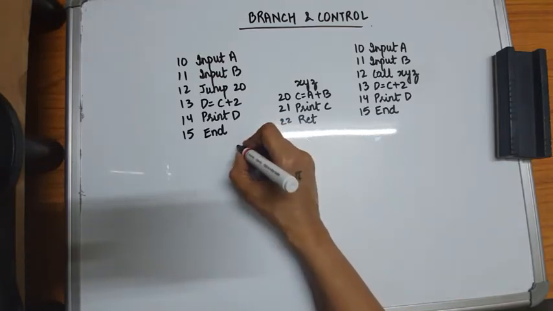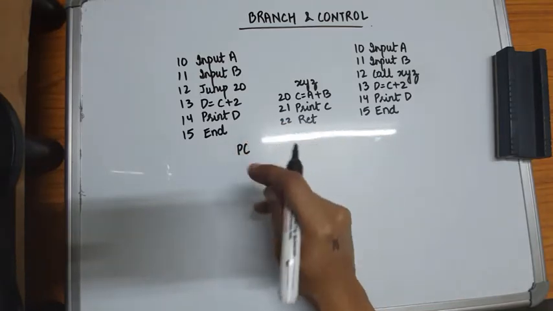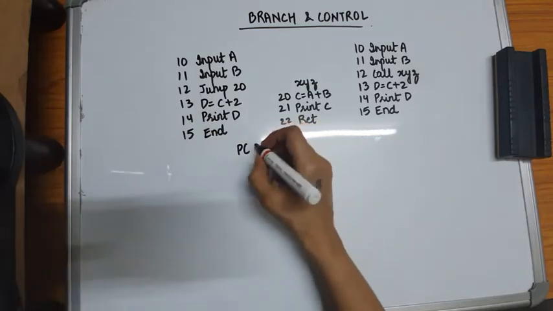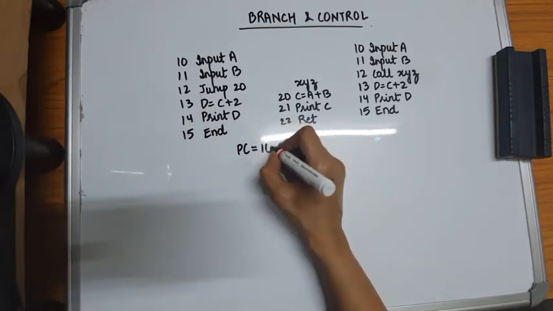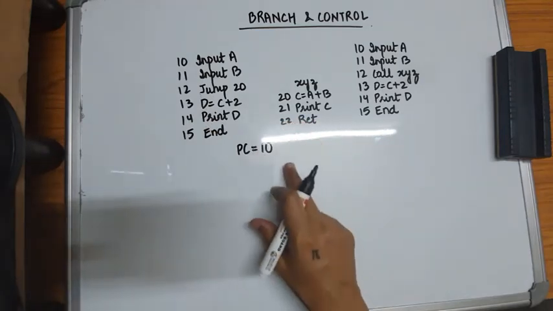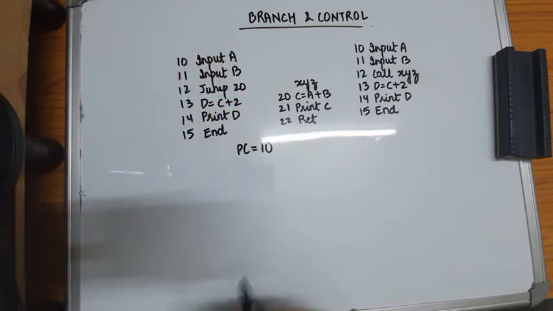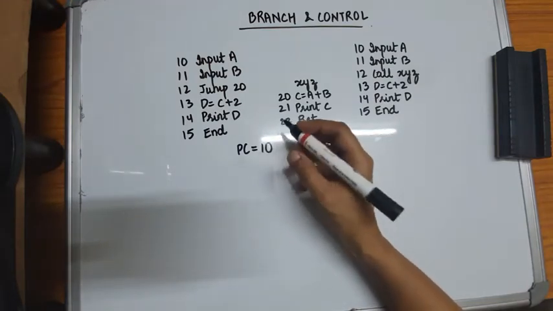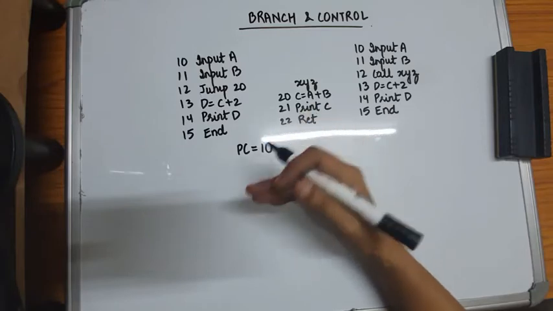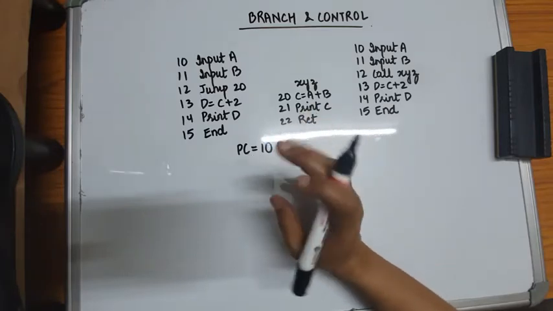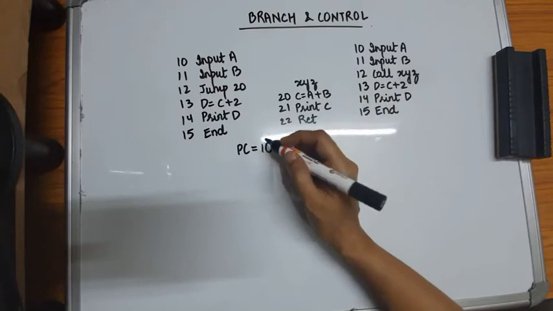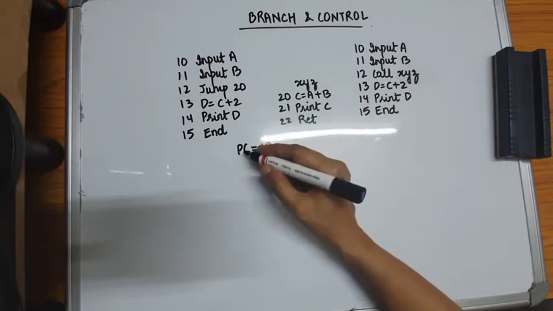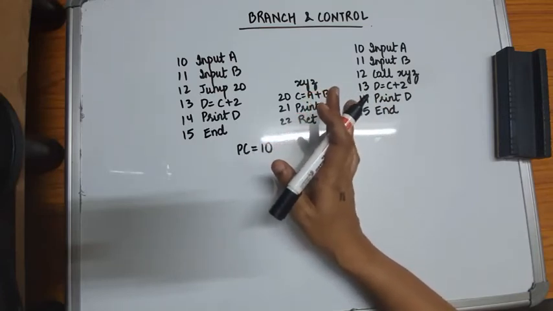When the execution of this main program starts, the program counter will be holding 10, because the first instruction of this program is stored on line number 10. The start address of the program is loaded onto the program counter; here there will be no operating system. So the program counter is storing line number 10.